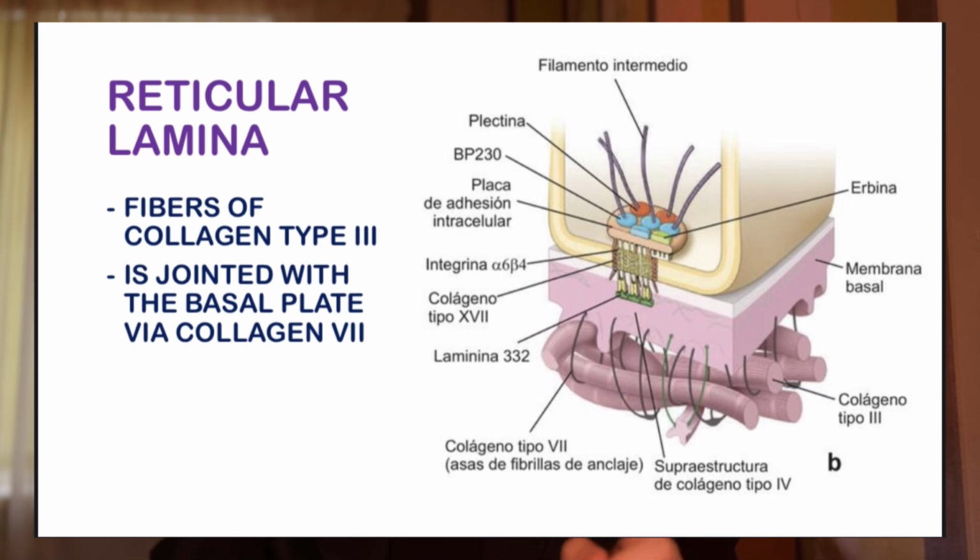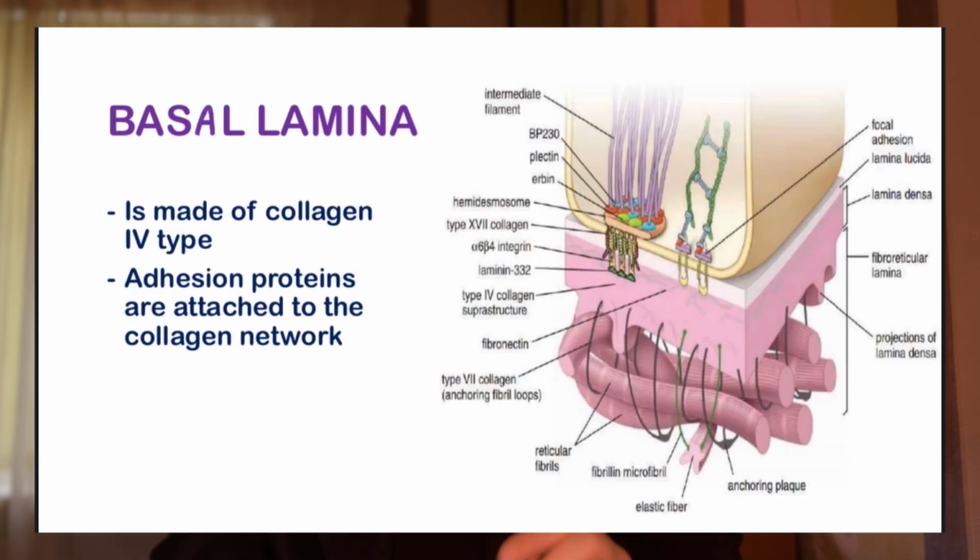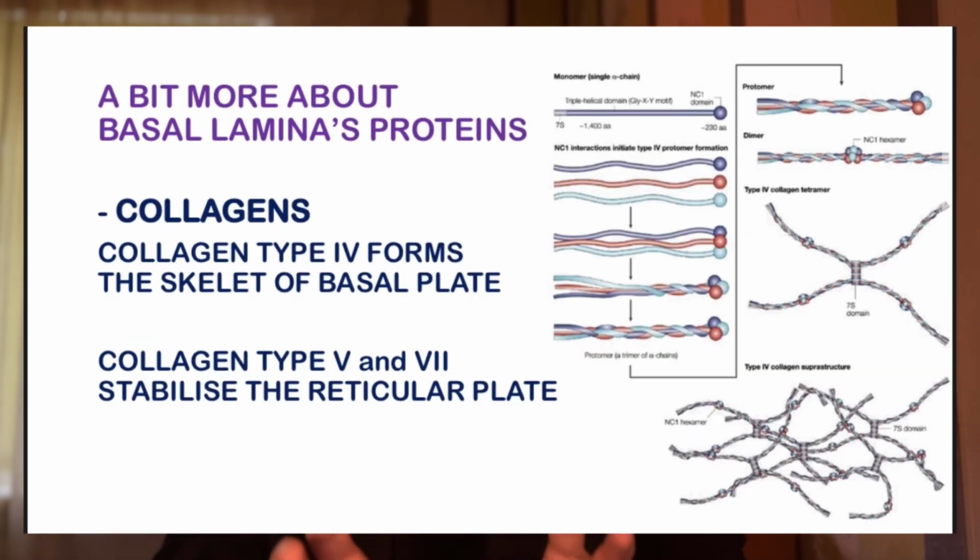And the main protein of the basal lamina is collagen type 4. It is organized into a complicated network, not fibers, exactly a network, and it is stabilized with the help of collagen 5 and collagen 7. So in the picture we can see that the reticular lamina is near the connective tissue and the basal lamina is localized near the epithelium tissue.